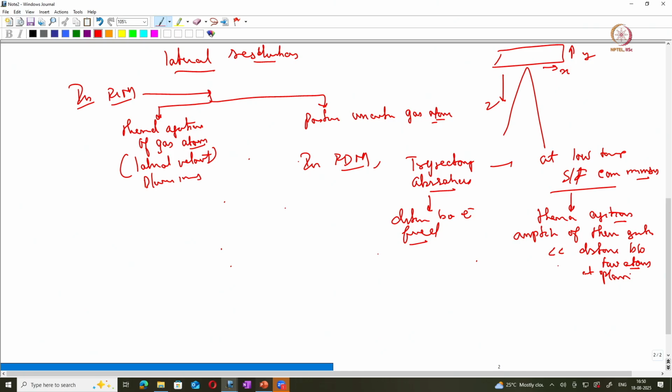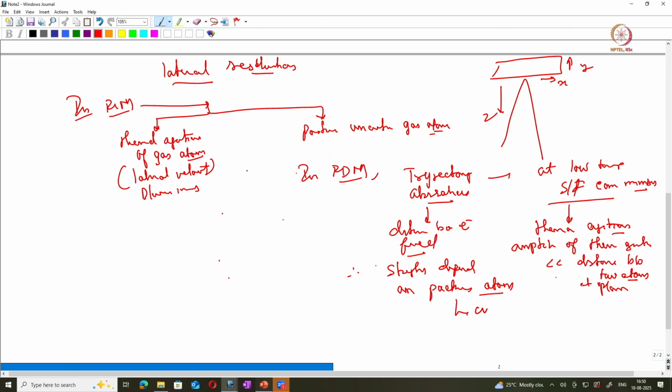So this is related to your trajectory aberrations in the field desorption microscopy image. Therefore the lateral resolution strongly depends on the packing of atoms, which corresponds to the crystallographic direction.